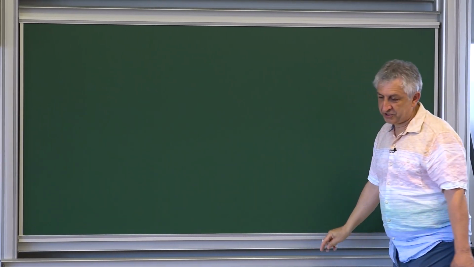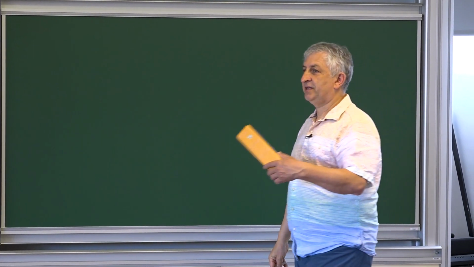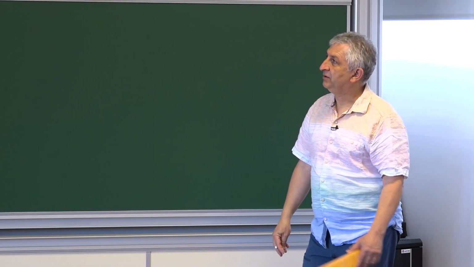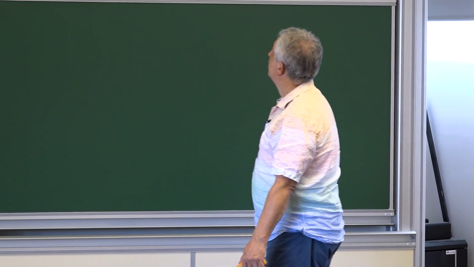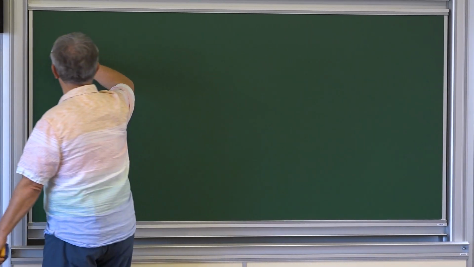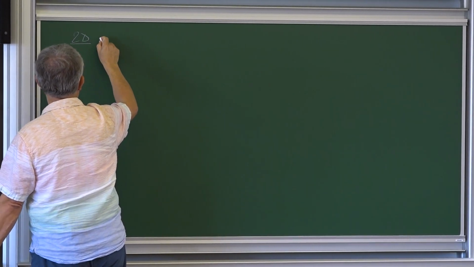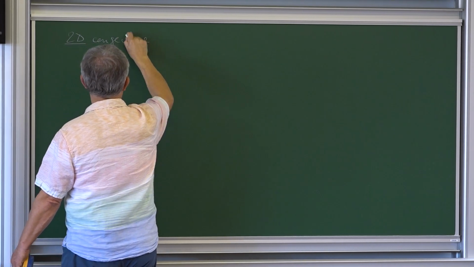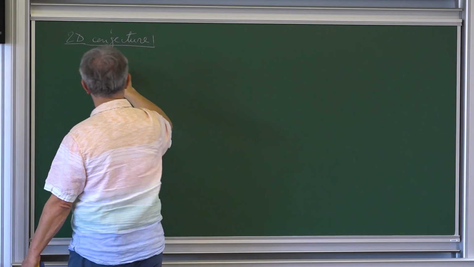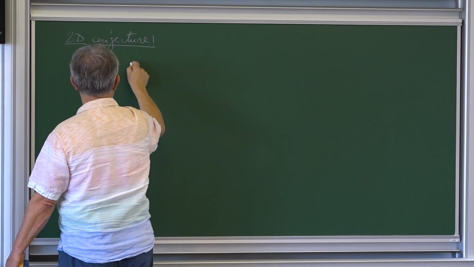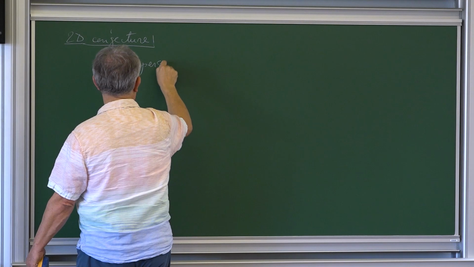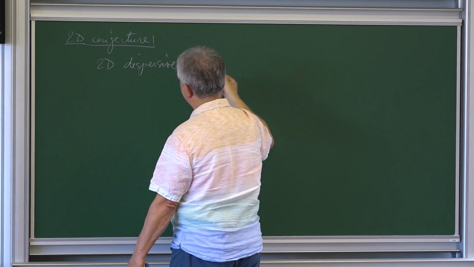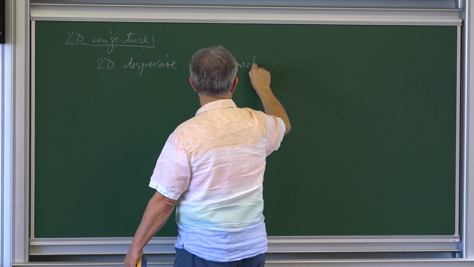And the nice thing in 2 dimensions is that I can go a little bit faster in that I don't have to revisit a lot of the things that I have been already telling you about. So let me remind you the conjecture. All right, so the 2D conjecture simply states that 2D dispersive cubic problems. So you take a 2D dispersive cubic problem.